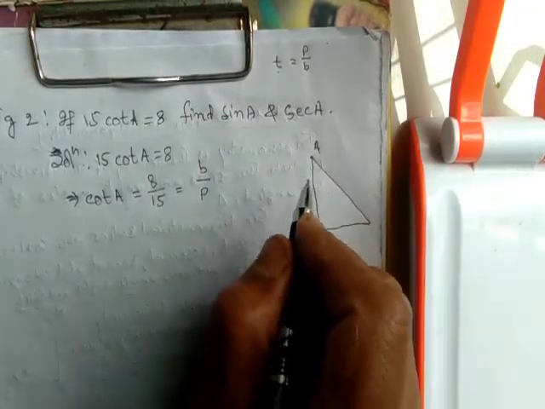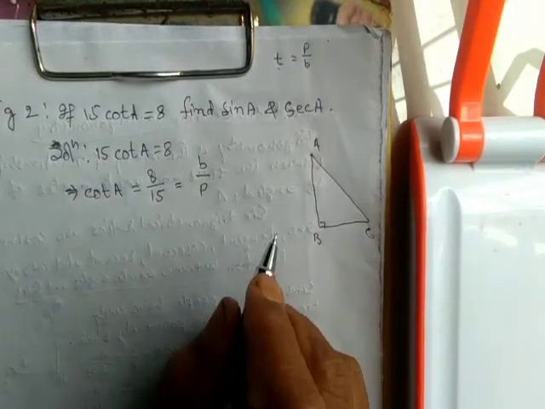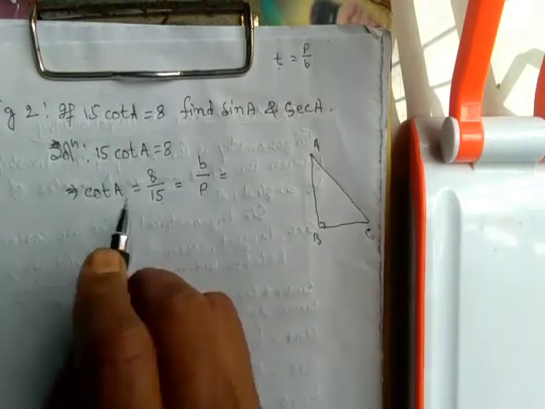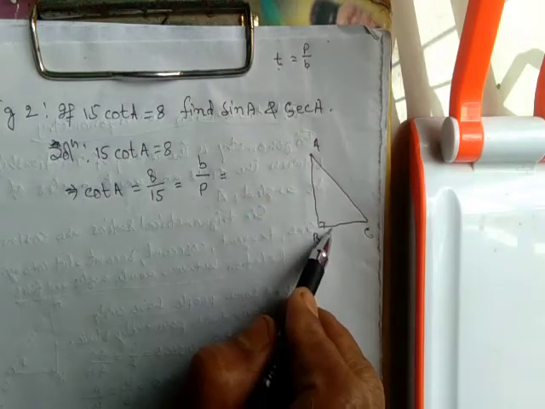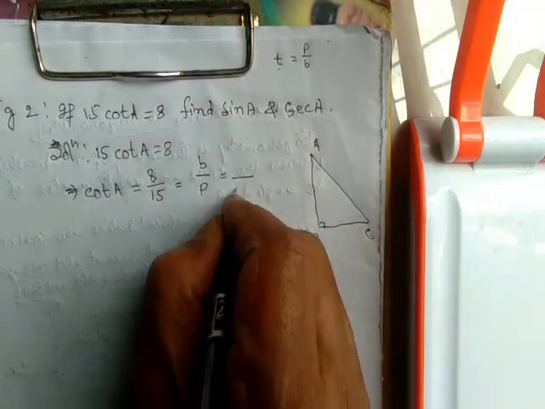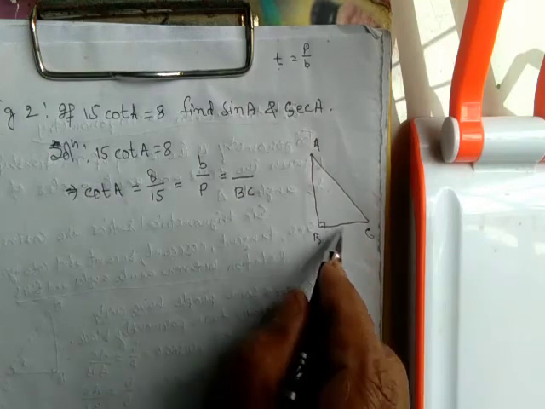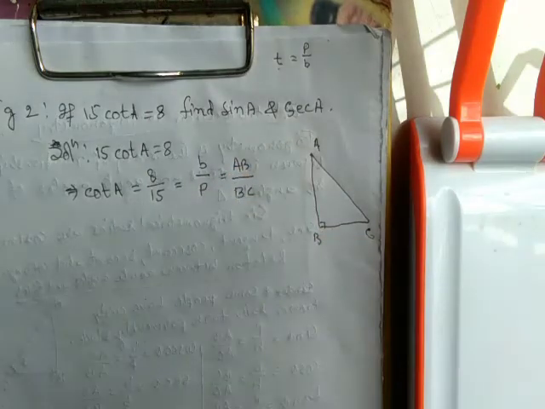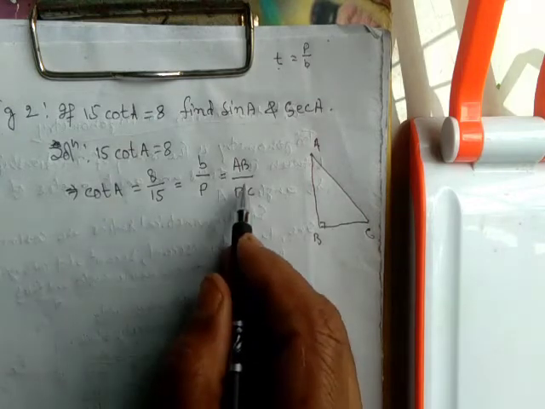This is triangle ABC, with the right angle here. Now they are talking about angle A, so the side opposite to this angle is the perpendicular, which is BC, and the base is AB. So cot theta is equal to this much.